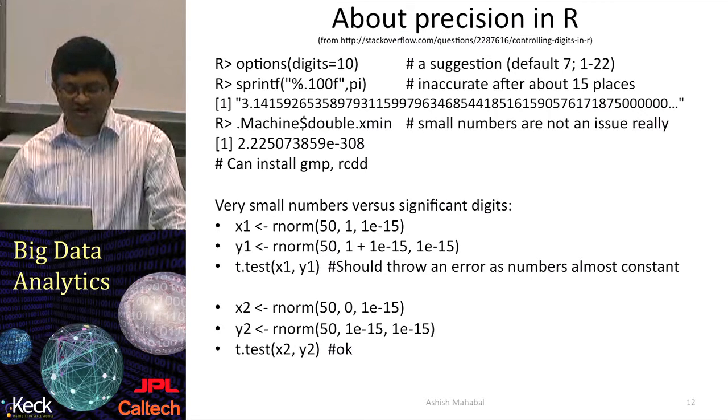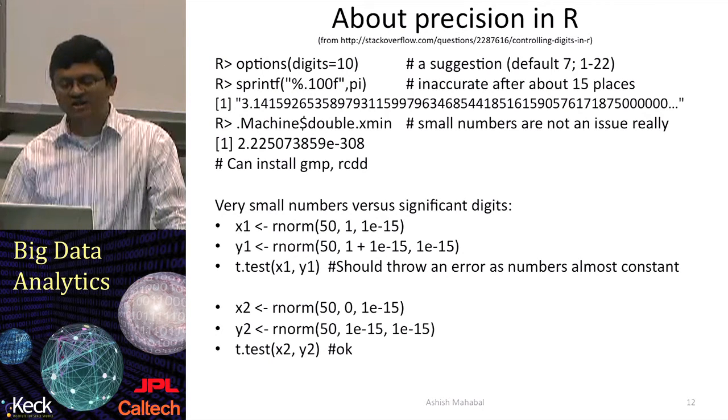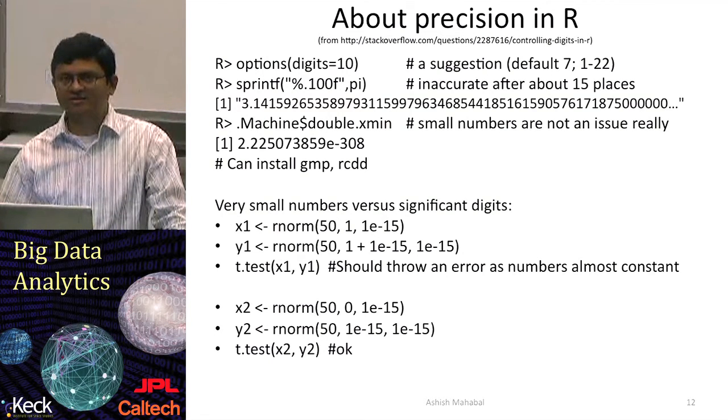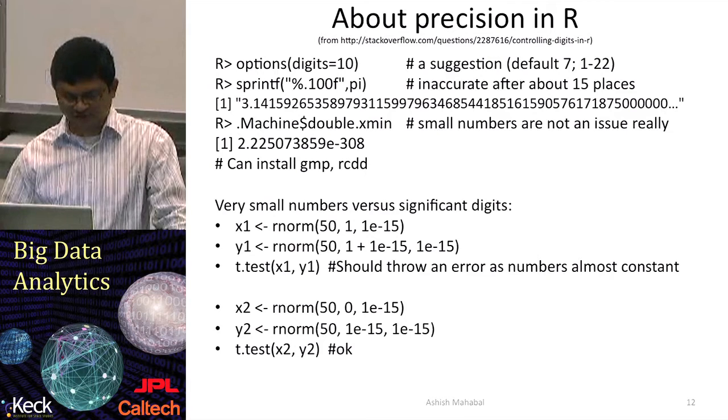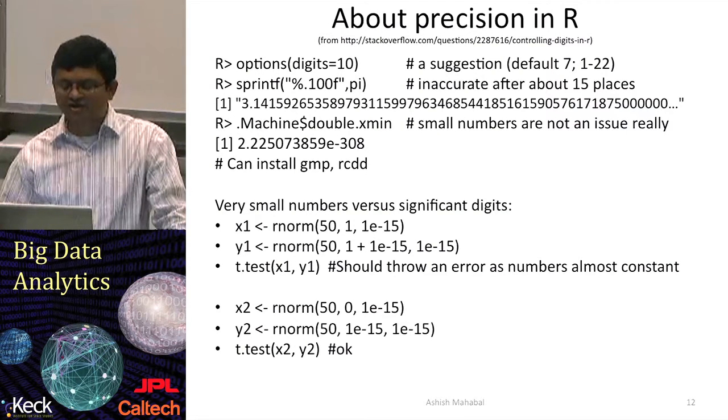So the precision can go, well, not arbitrarily small, but up to e to the power 308, which is fairly small. And that you can see by seeing what the limit of double is, the machine double that it is using. And then you can use additional tools within R to go to quite high precision.